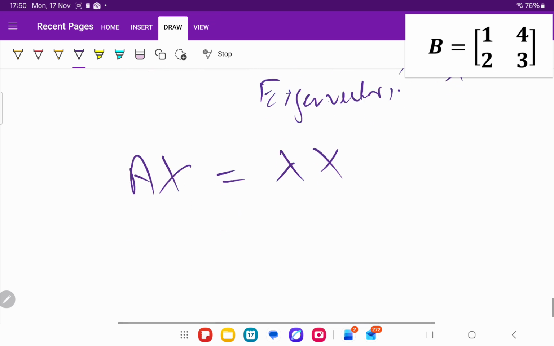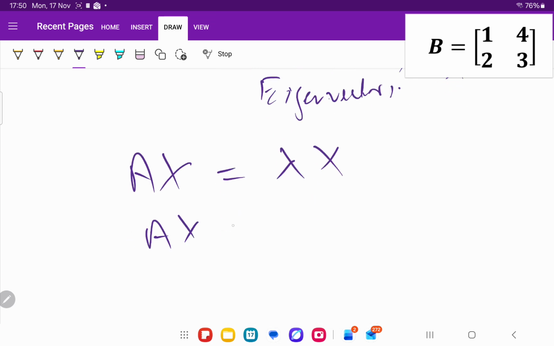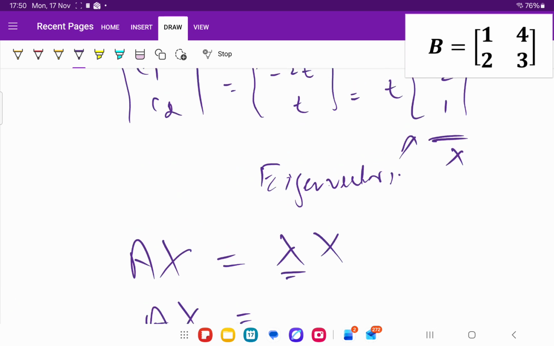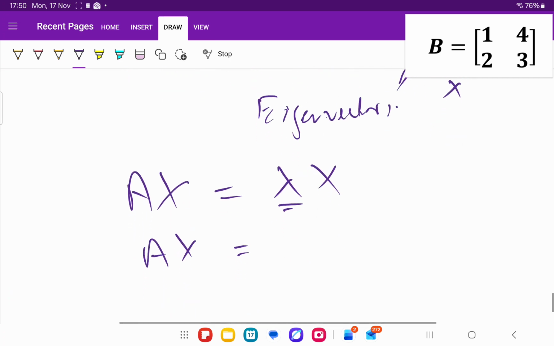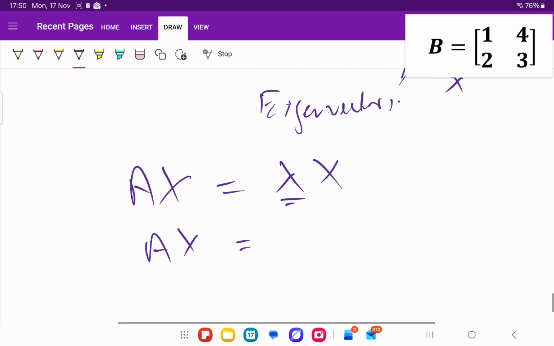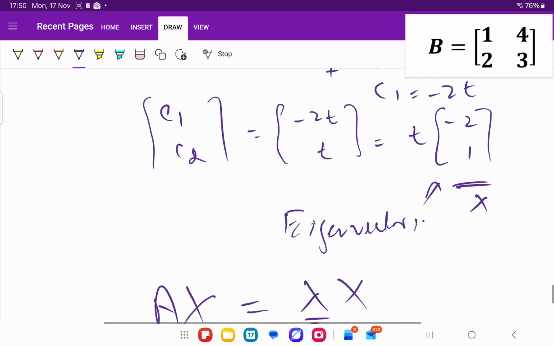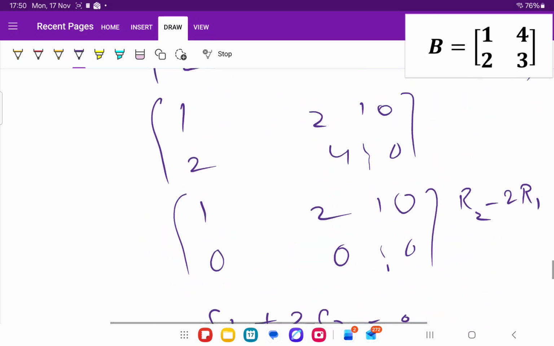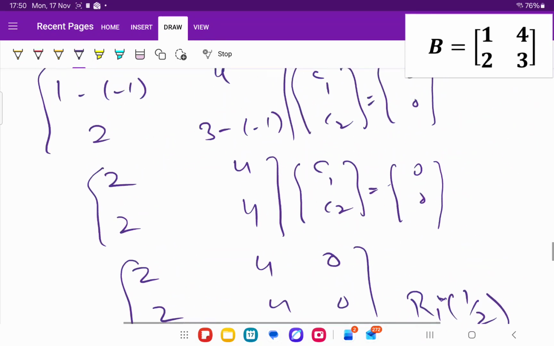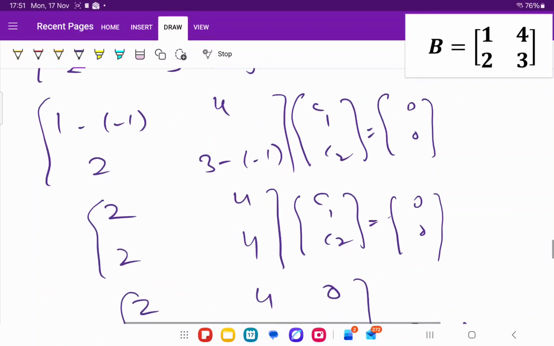What lambda did we identify initially? The one for which we have found the eigenvector is minus 1.